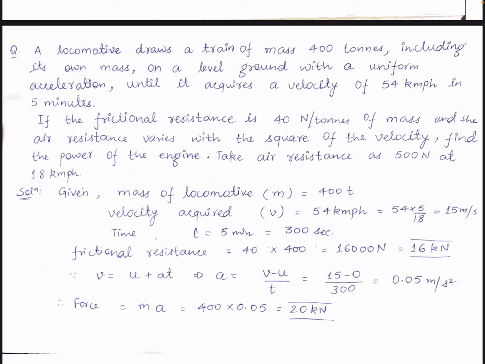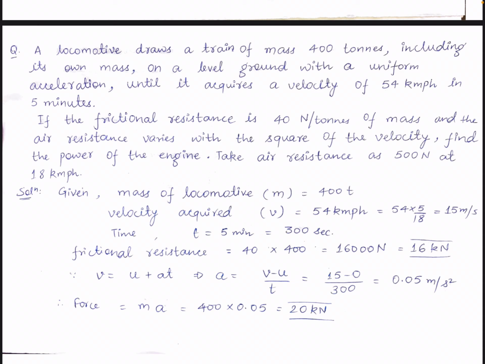If the frictional resistance is 40 newton per ton of mass and the air resistance varies with the square of the velocity, find the power of the engine. Take air resistance as 500 newton at 18 kmph. Clear? So this is the question.